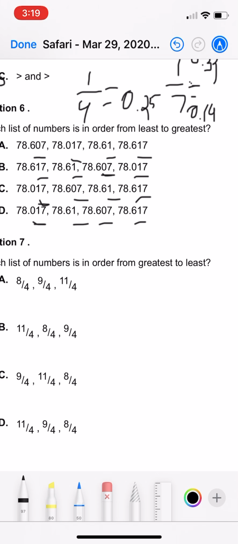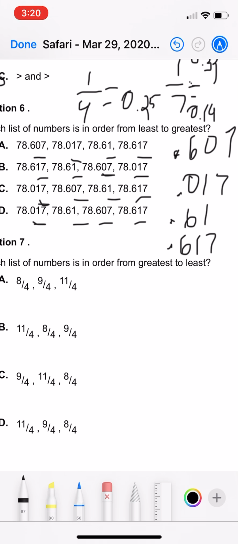Okay, so let me write all of those numbers down. So I have 0.607, 0.017, 0.61, and 0.617. So all 4 of these numbers have 3 digits after the decimal, except for the third one. So that 0.61, add a 0 to the end.